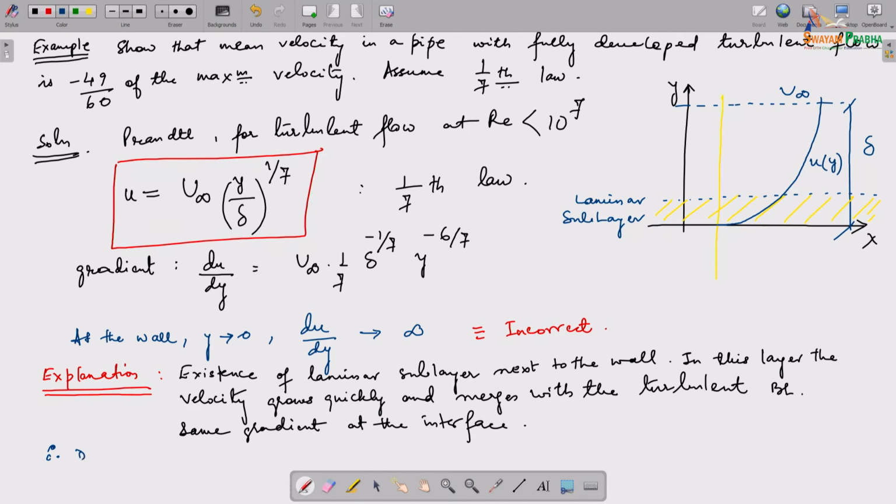Therefore, drag is due to the wall shear stress in the laminar sublayer, right. Okay. All right.